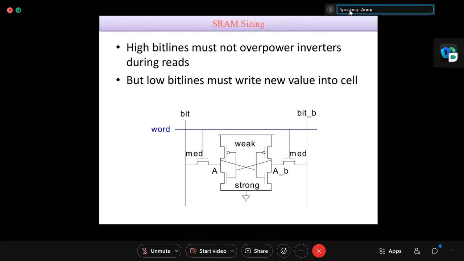And the two NMOSs on the left and right side, which are connected to the word lines, are sized to be medium. Here I have written strong, medium, weak or low. I have not given any specific value because that will change in terms of which technology you are using.